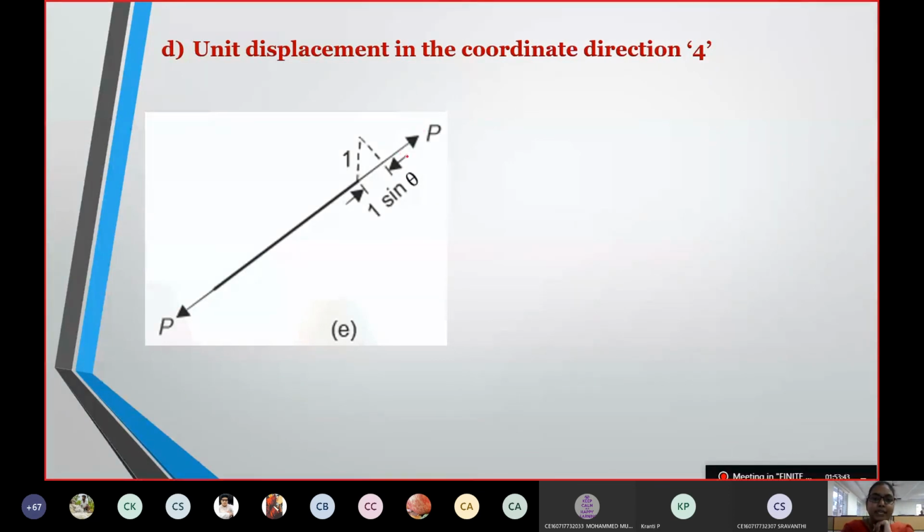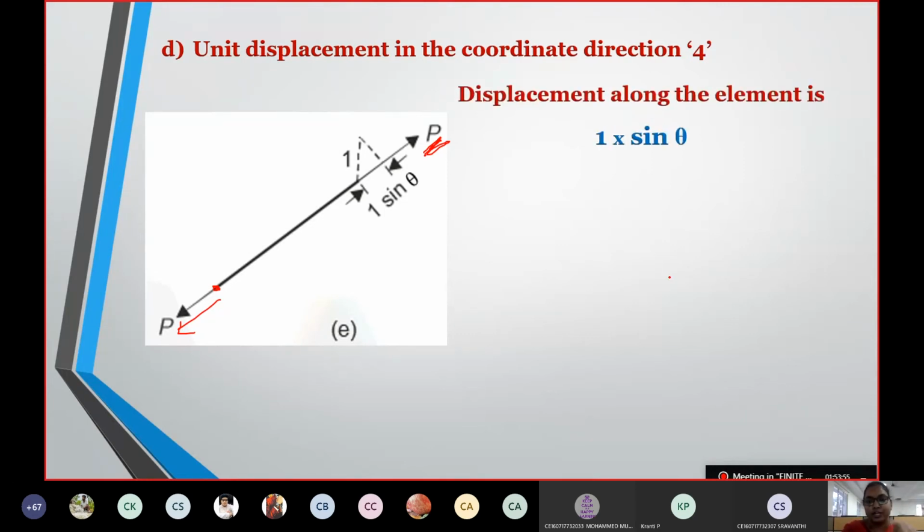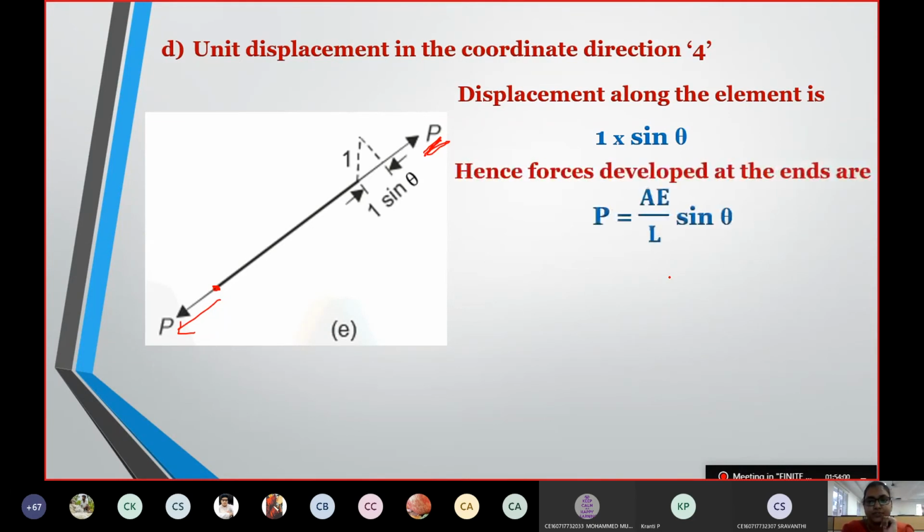I am giving P in this direction and I need to restrict from this direction, so I get opposite direction at the other node. Displacement along element, because direction 4 is y direction, I get 1 into sine theta. And hence the force developed at the ends is P equal to AE by L sine theta.